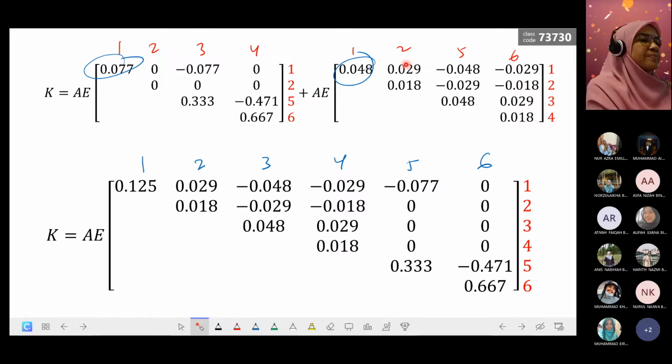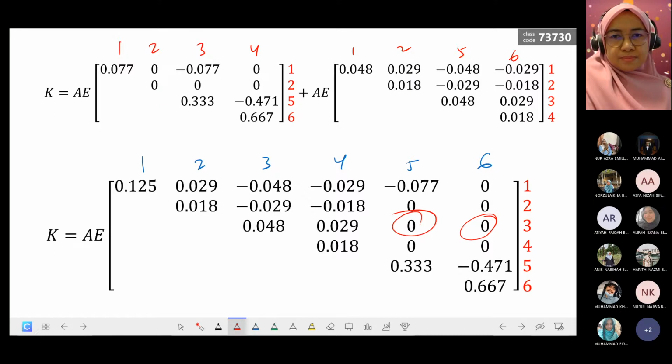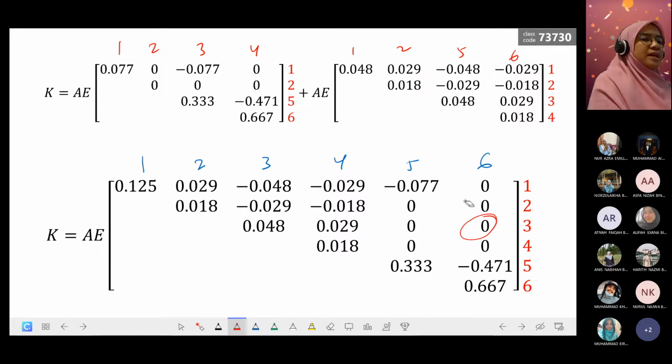That means, for example, 5 3. Do we find it in these? 5 3, 3 5. Do 5 3 and 6 3 appear in K1 and K2? Do we find 5 3?